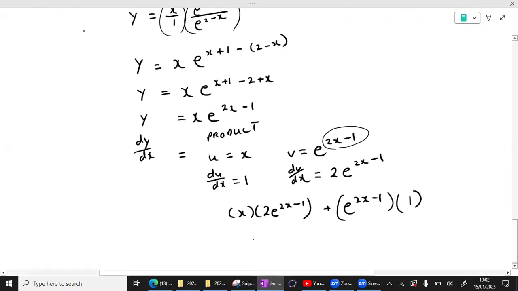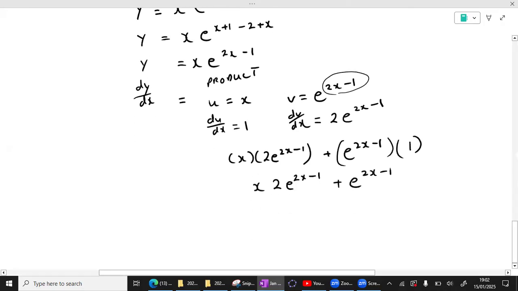So I end up getting x e to the power of 2x minus 1 plus e to the power of 2x minus 1. That's my first derivative. I can see that I could factorize out the e to the power of 2x minus 1 from each one. And instead of saying x2, I'll just say 2x. It just looks a little bit better.